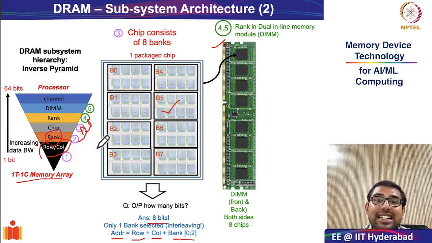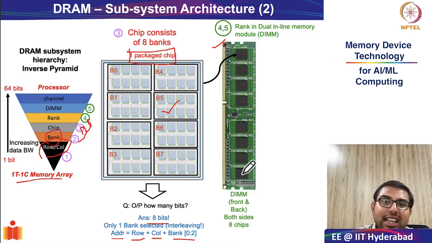So what is this dual inline memory module? It consists of 8 such package chips. As you can see, 8 banks made up one package chip, and 8 such chips, 1, 2, 3, 4, 5, 6, 7, 8, consist one side of a dual inline memory module.